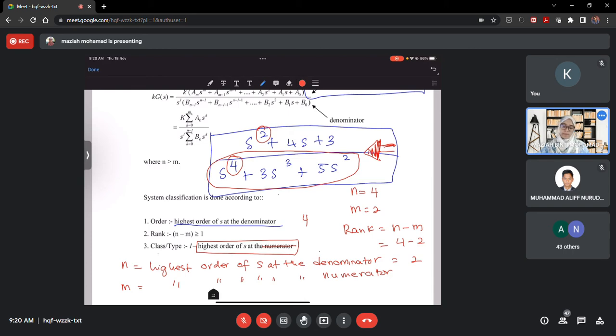The last one is based on class. The definition I wrote here is wrong.